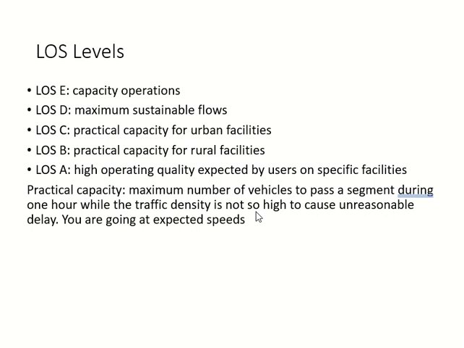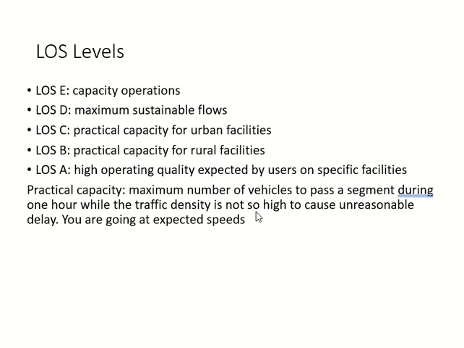Theoretically you shouldn't have stoppages, but practically you do. So the maximum real sustainable flow is level of service D. You have some spaces available for cars to change lanes or slow down a little bit and check maps on the phone. This is available in level of service D, not at capacity. That's why D is called maximum sustainable flow.